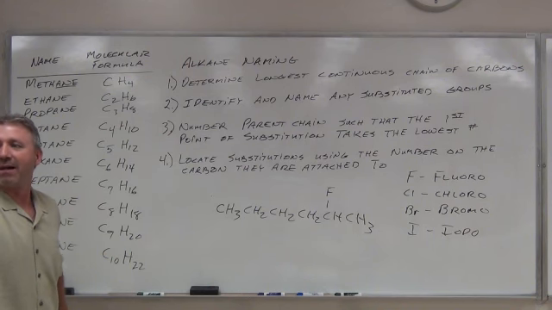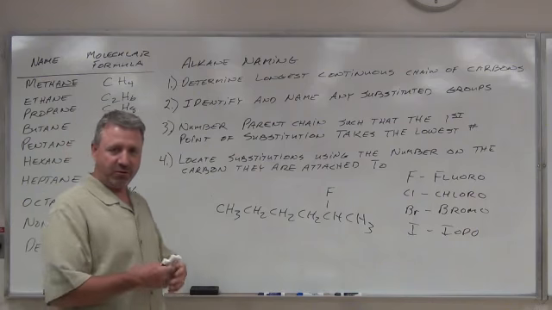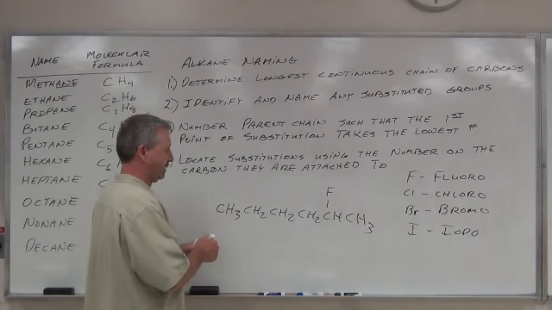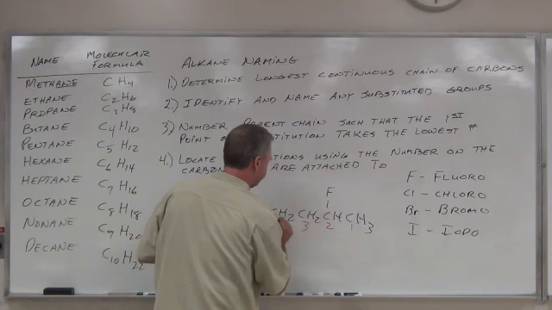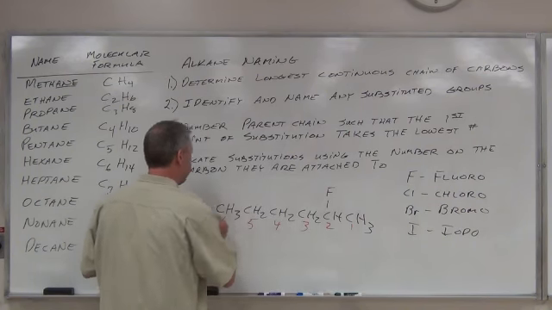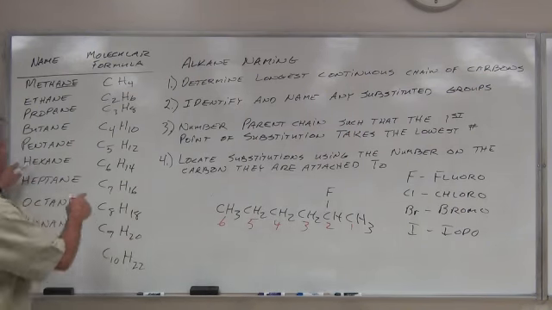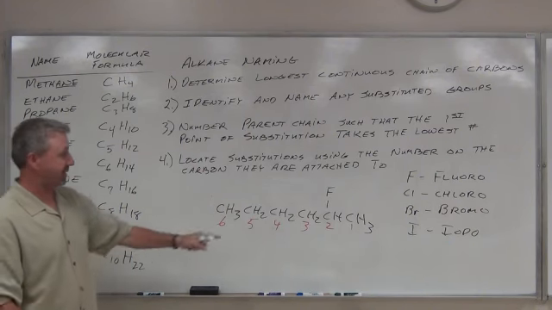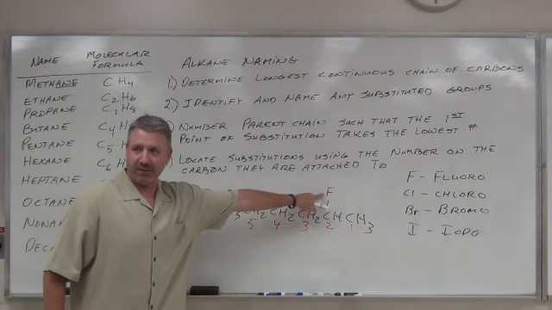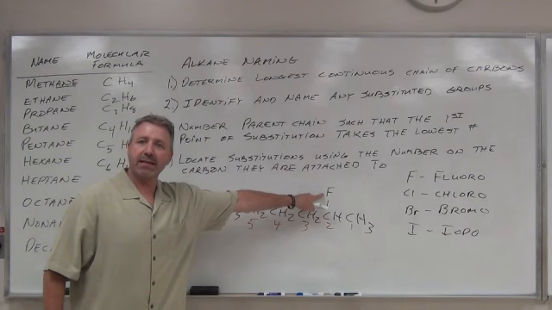What is it? 2-fluorohexane. Yep. Everybody got 2-fluorohexane? This time we're going to number from this side, right? 6 carbons makes it a hexane derivative. It can't be hexane because it's got a fluorine here, and hexane is an alkane, which means it's a hydrocarbon.